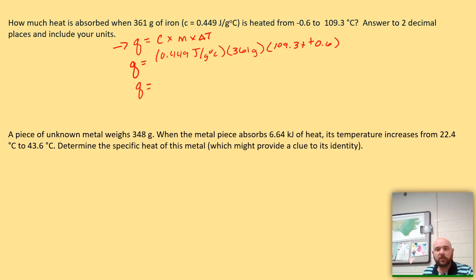And now this becomes just a function of punching the result in the calculator. We see 0.449 times 361 times 109.3 plus 0.6.